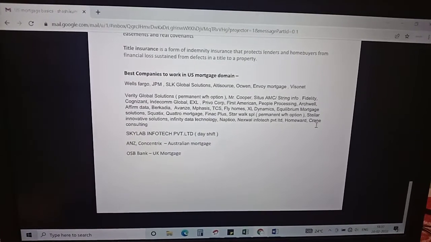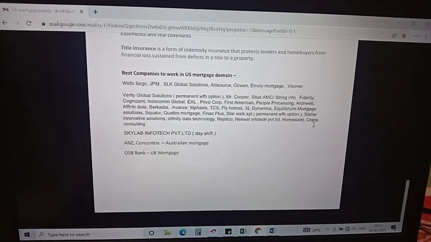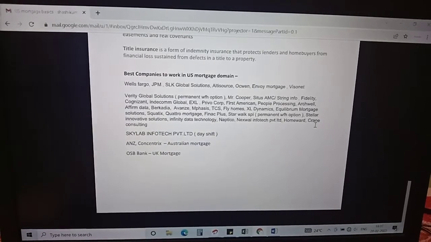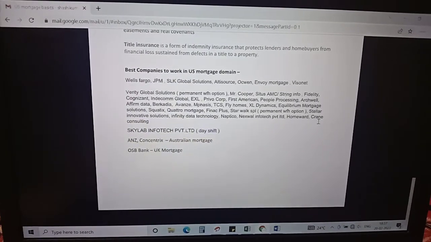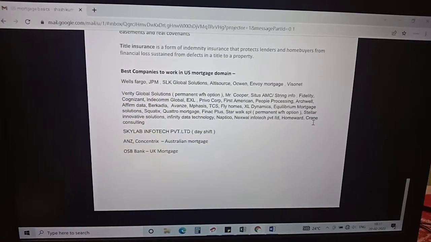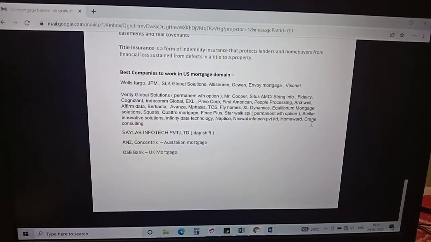Then Avanzi, Emphasis, TCS, Fly Homes, Excel Dynamics, Equilibrium Mortgage Solutions, Squatix, Quattro Mortgage, Finac Plus, Starwalks SPL, and Starwalk also has a permanent work from home option.